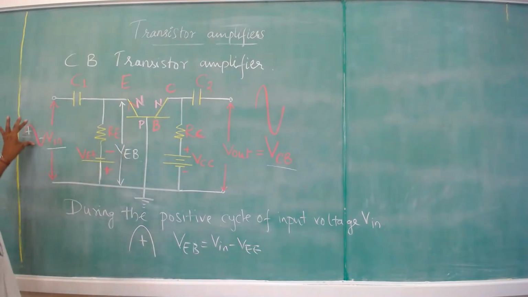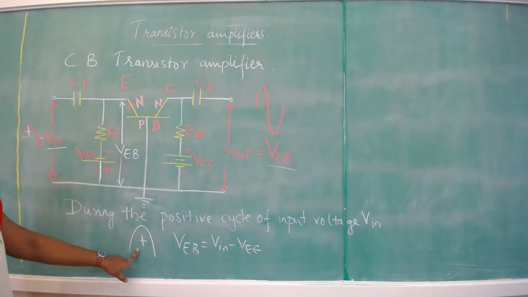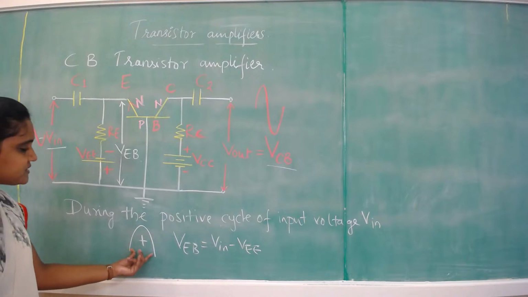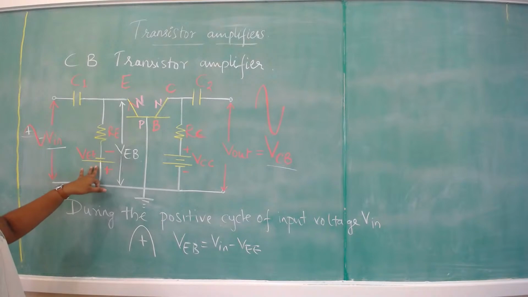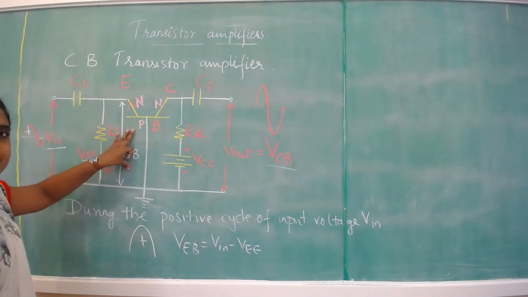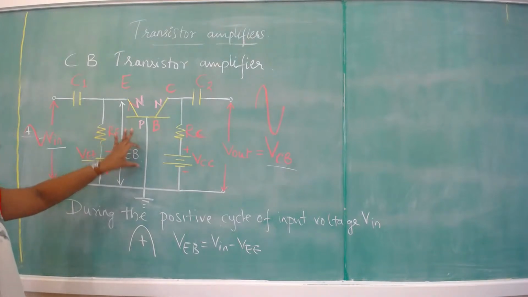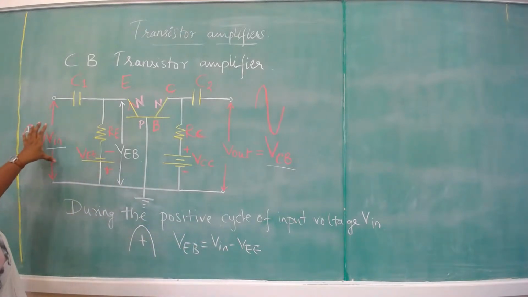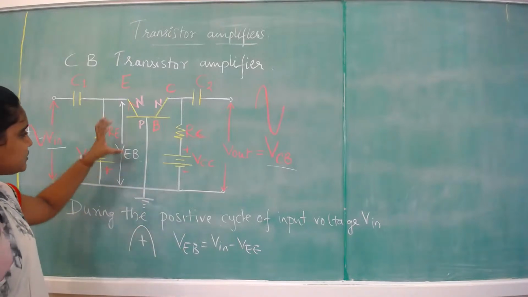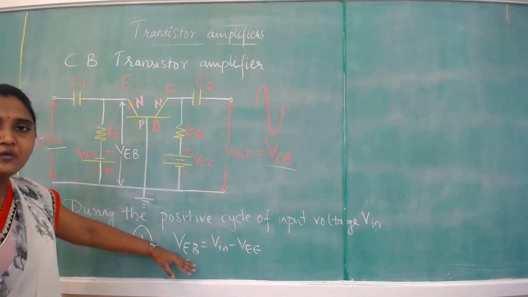As Vin is a positive value now, since it is a positive cycle, and VEE is a negative value, it is forward biasing the junction. As the input signal is positive and this signal is negative, the effect of the positive cycle is such that it reduces the net value of VEB.